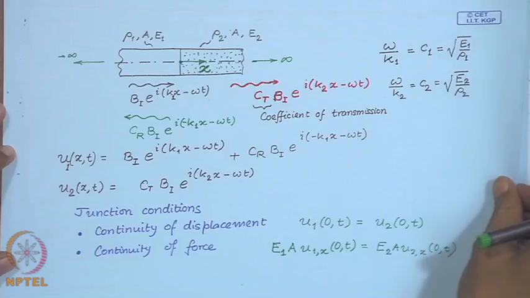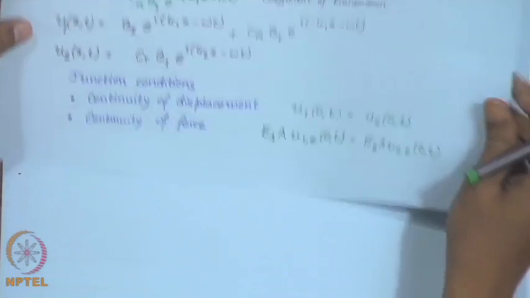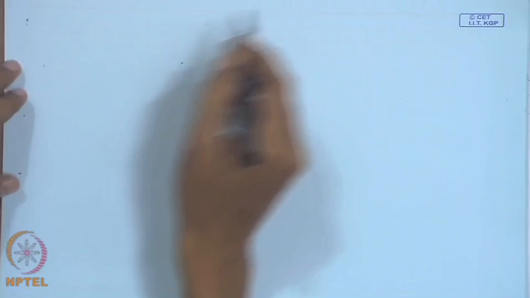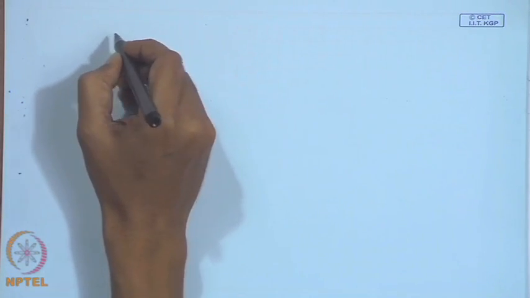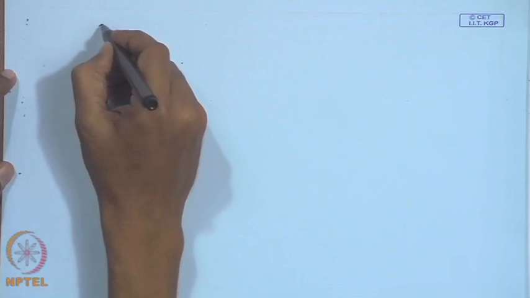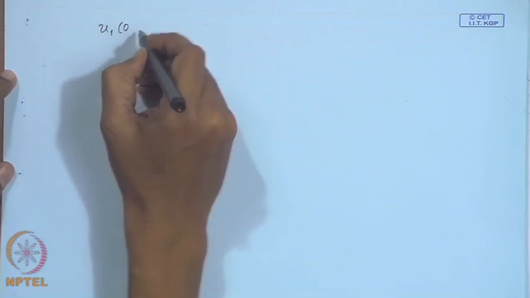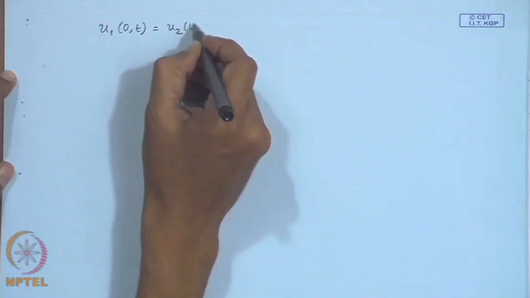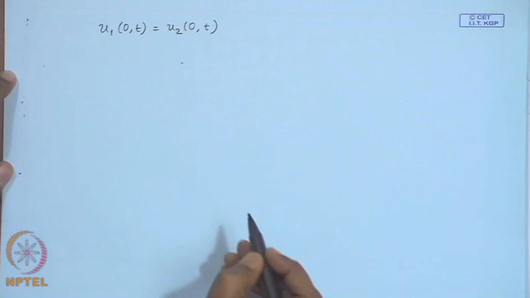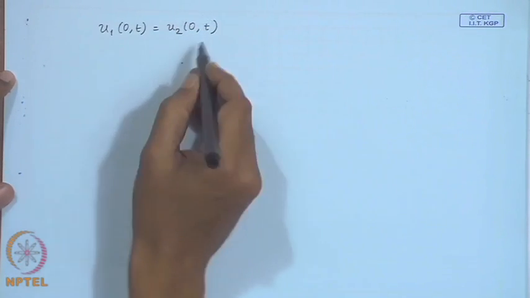So, these two conditions, when we substitute our solution or the wave field in these two junction conditions. So, let us see first the displacement condition.